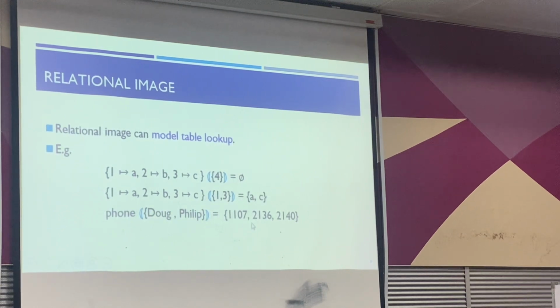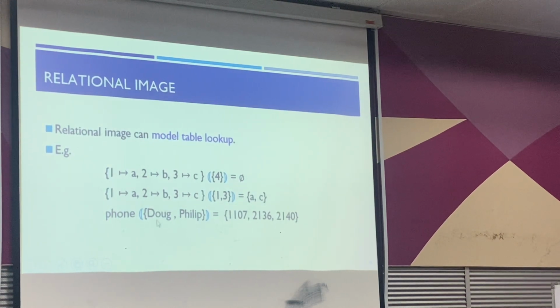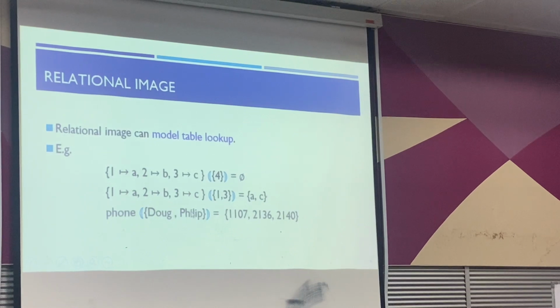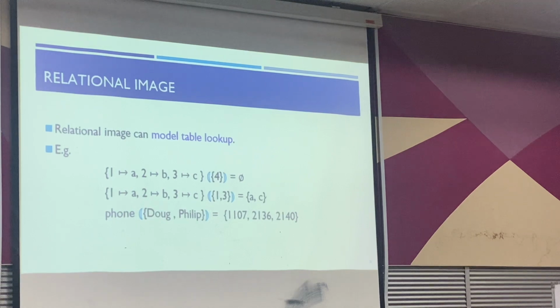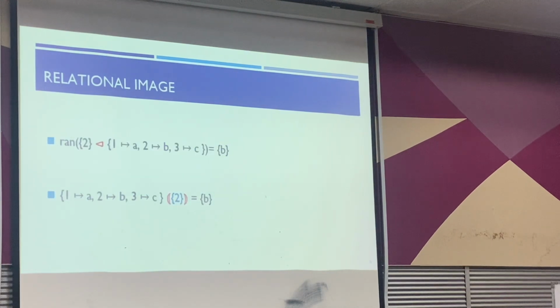If the data is not found, you get an empty set. You can also search a double like this, or you can search your variable like this. The concept is similar to domain restriction for relational image. This is the one that you did with your domain restriction just now.